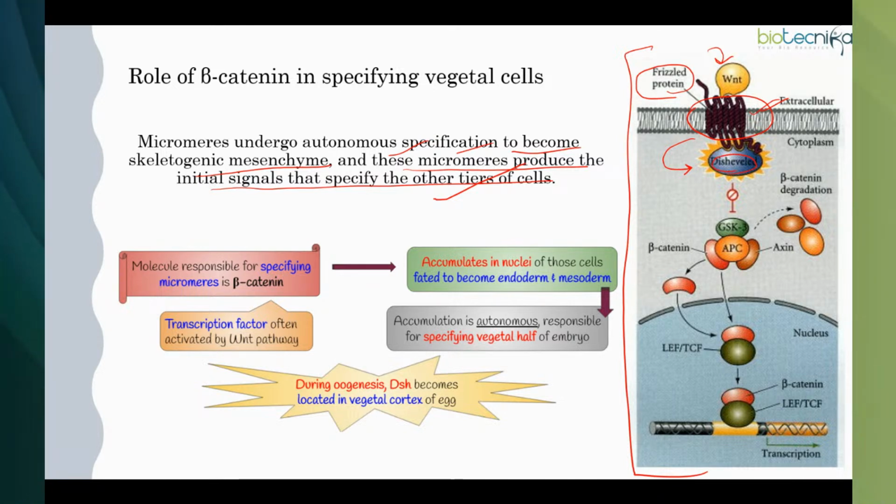Now disheveled will be inhibiting not a single protein but this entire complex, which is GSK, APC, axin, kinase. Generally, in a cell where there is no WNT signaling, this complex will be formed. But if there is WNT signaling, then this complex formation will be inhibited.